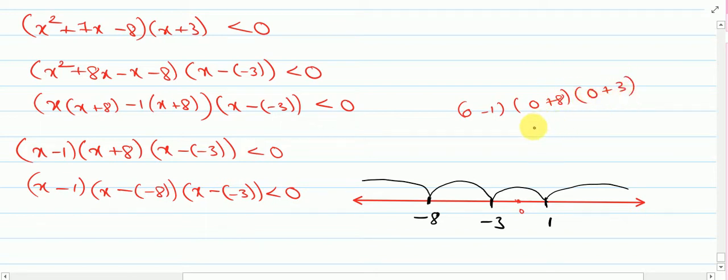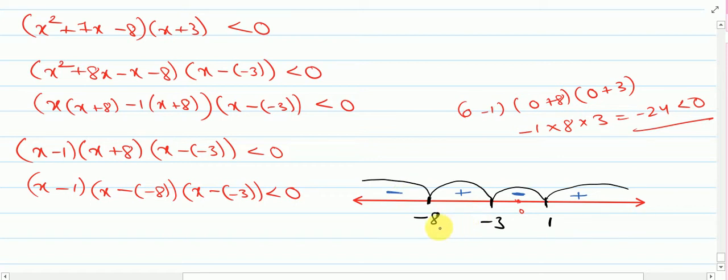So you are getting minus 1 into 8 into 3, equal to minus 24, which is less than 0. So here you are getting negative. Other intervals have to be filled alternately. That means this will be plus, this will be plus, this will be minus.